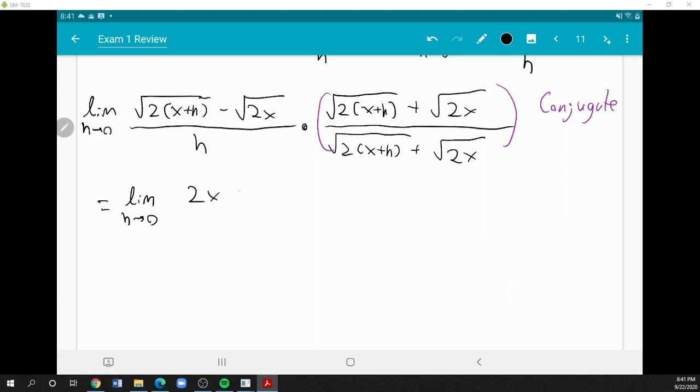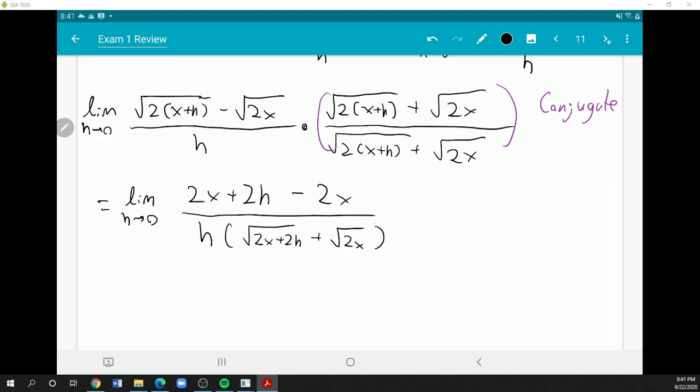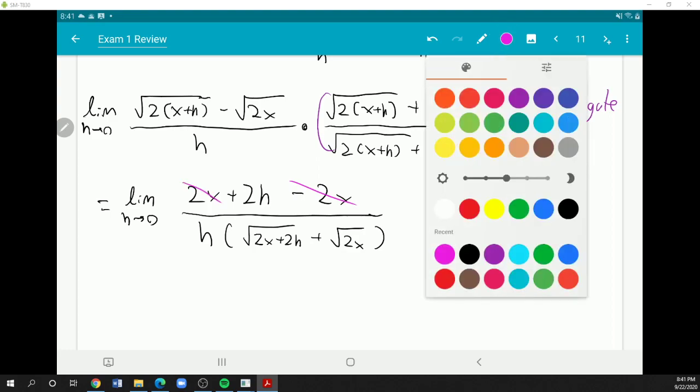So I have 2x plus 2h, distributing the 2, minus 2x over h times all this root stuff. And now this 2x cancels with the other 2x, just as the prophecy foretold.